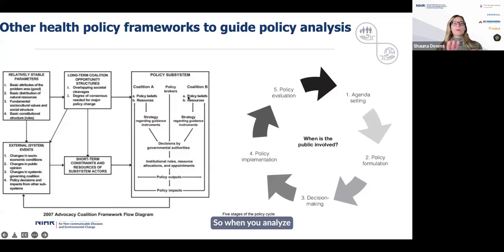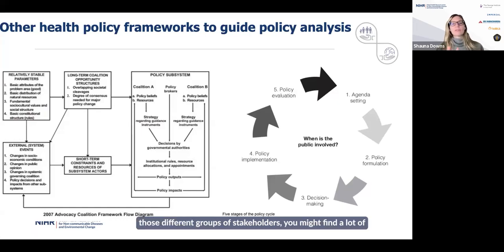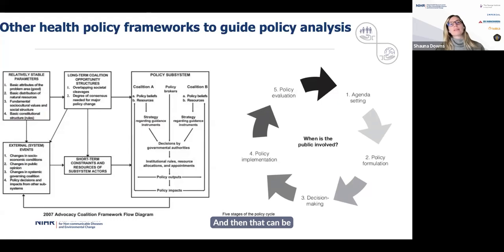So when you analyze those different groups of stakeholders, you might find a lot of disconnects or areas where they're not aligned. And then those can be places where you might come up with some sort of novel solution to address some of the discord there.